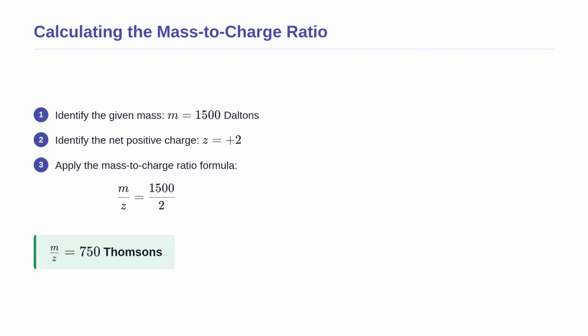We need to calculate the mass-to-charge ratio the detector will record. We simply divide the mass, 1,500, by the integer charge 2. This gives us a final answer of 750 Thomsons. Physically, because of the double charge, the electric field pulls twice as hard, making the peptide behave as if it were half its actual weight.